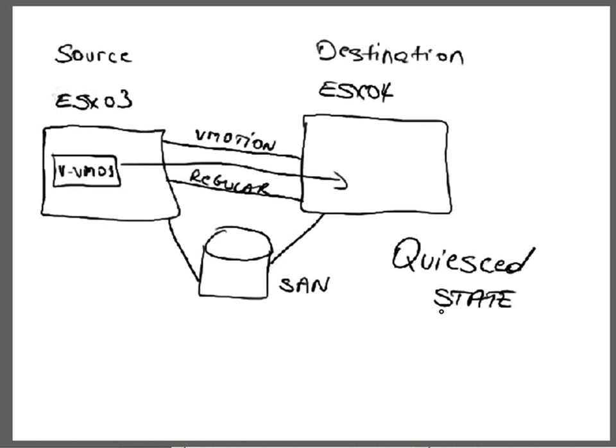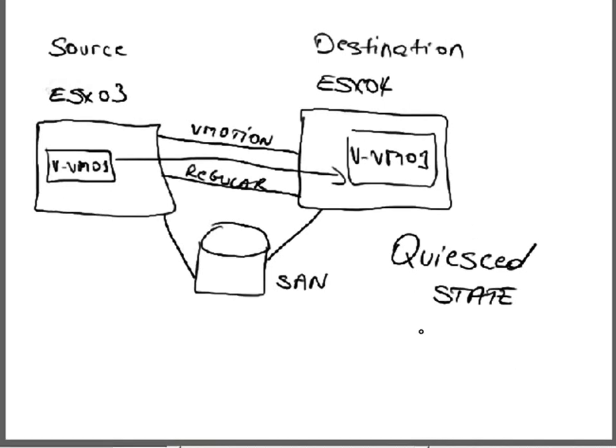The time that the virtual machine is not available to us is extremely minimal. And this is the final stage of the cutover from ESX03 to ESX04, or from the source to the destination. It is during this time that the vMotion process copies the memory bitmap where all the changes were stored while the memory state was being cut over. So that memory bitmap and the VM device state are the two remaining things that need to be migrated from the source to the destination before the virtual machine is completely migrated to the new destination host.